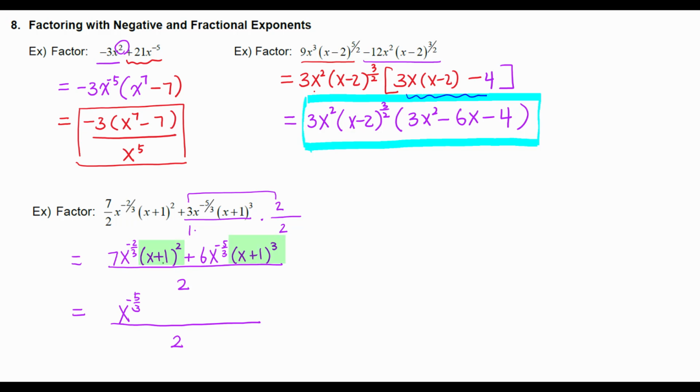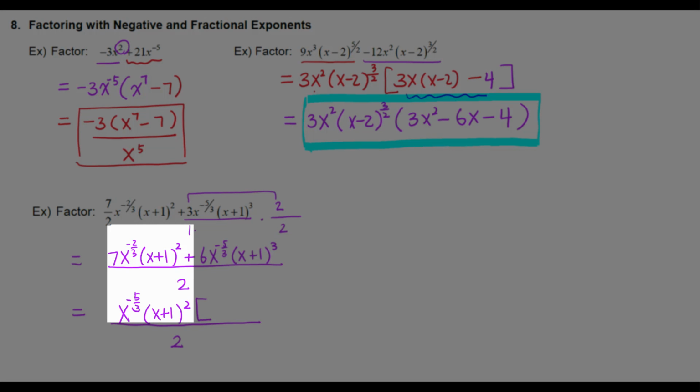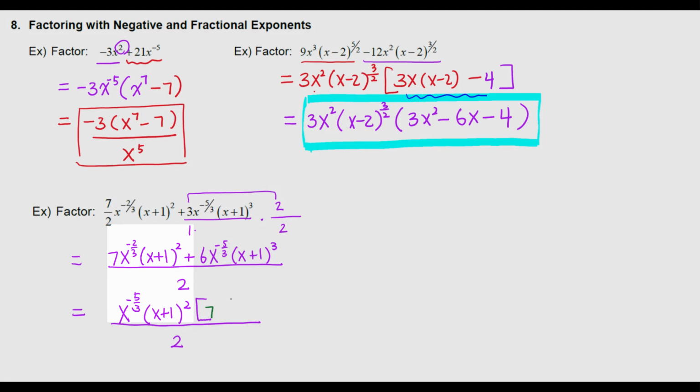Doesn't matter. (x plus 1) squared, (x plus 1) to the 3rd power, the lower power of the two is (x plus 1) squared. So you're going to factor that out. So then what goes in there? Well, 7 was never factored out, so 7 needs to go there. And when I multiply these two, I have to get x to the negative 2/3 power.